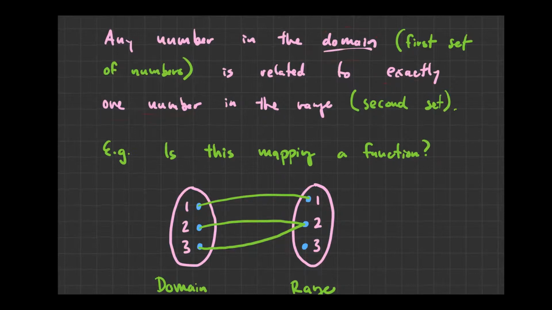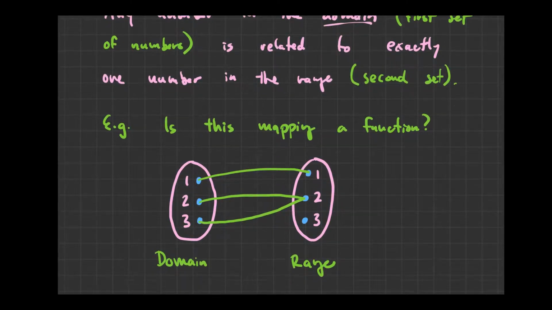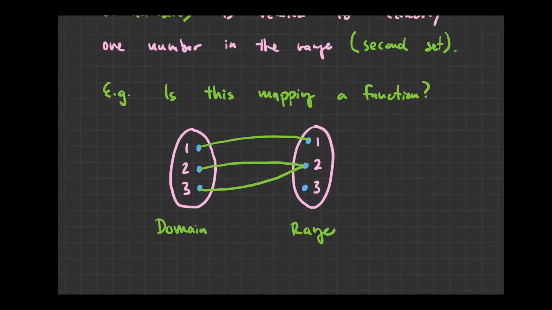Let's see if that's true. Let's go through every single number in the domain and check how many numbers in the range it's related to. The number 1, how many numbers in the range is this related to? Exactly 1. What about the number 2? Exactly 1. The number 3? 1.